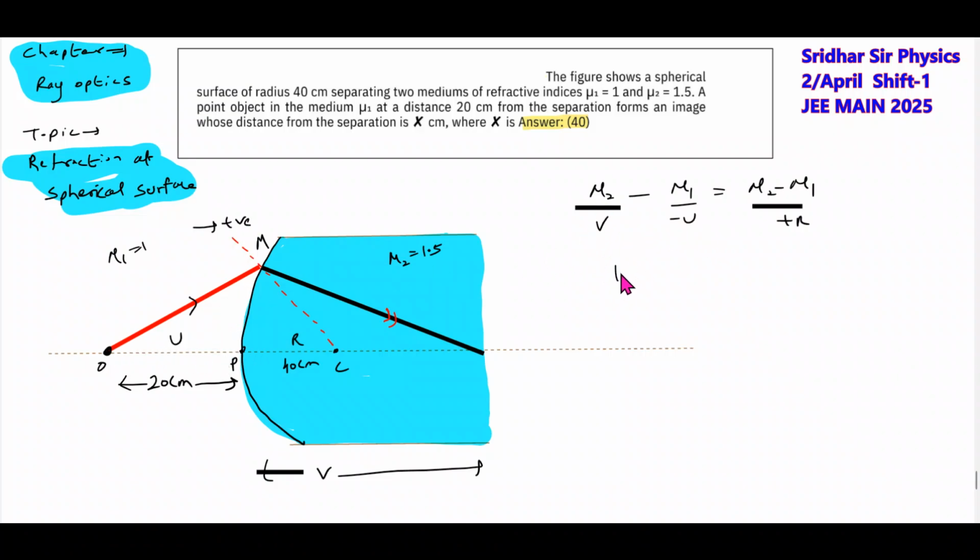You are measuring the object distance opposite to the incident ray. So mu 2 will be how much? 1.5. V we don't know. Mu 1 is 1. Minus this will be at a distance 20, equal to mu 2, 1.5 minus 1, by 40. So 3 by 2V plus 1 by 20 plus 1 by 80.